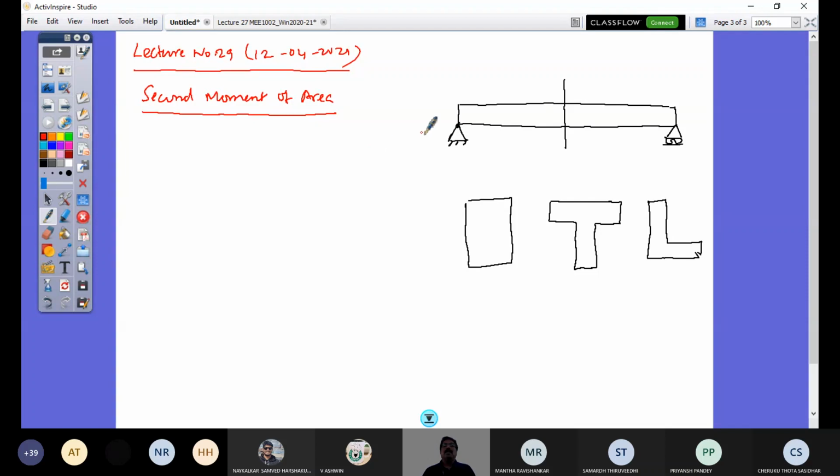What the neutral axis is, is the one that passes through the centroid of the section. So this is what is called the neutral axis. This should be the same if the section is rectangular. For simplicity, if I look from here, this is my neutral axis of the section, right?